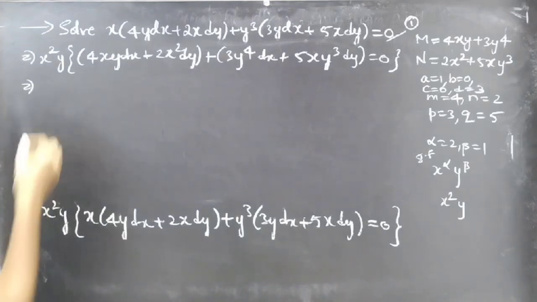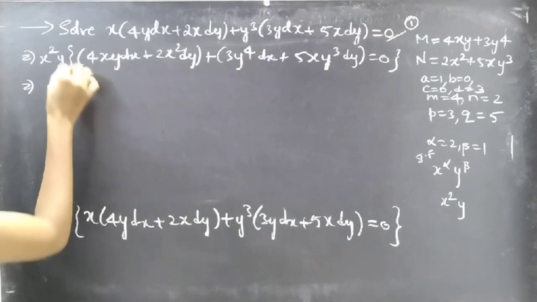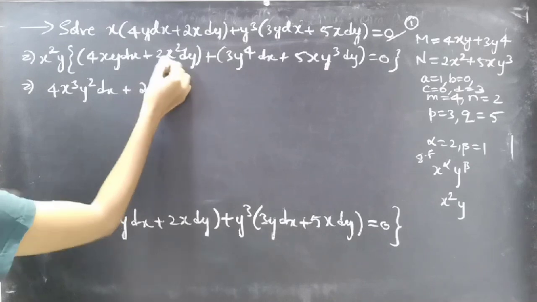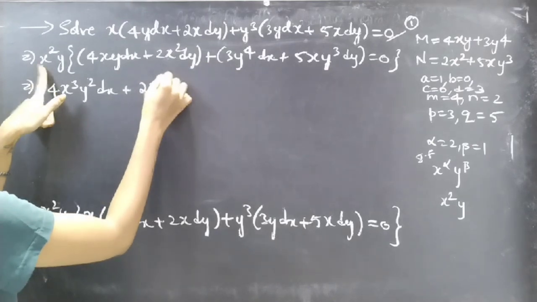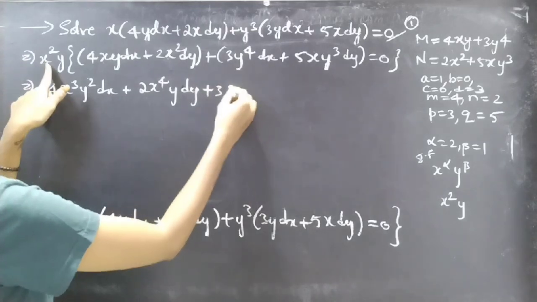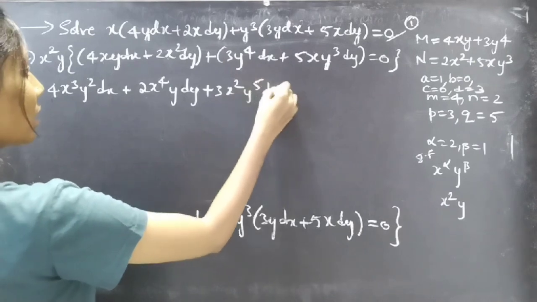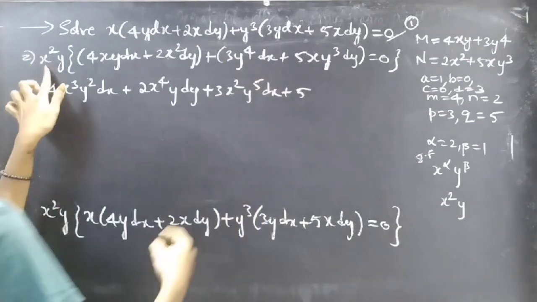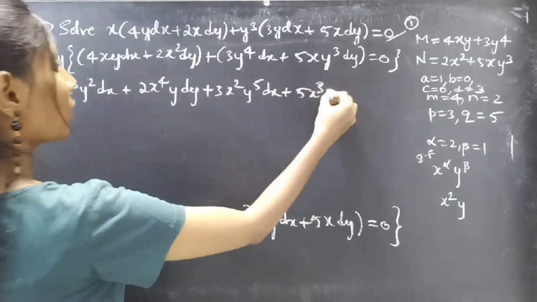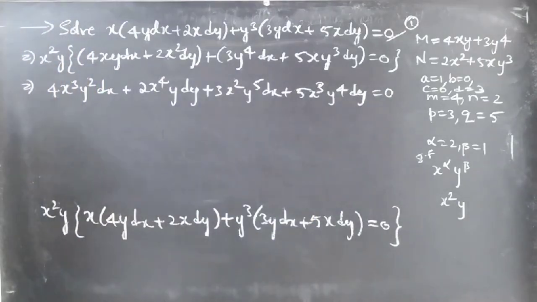Now multiply the integrating factor, you'll get 4. x square into x is x cube, y into y square dx, plus 2 x square into x square, x power 4 into y dy, plus 3 x square y power 4 into y is y power 5 dx, plus 5 x square into x is x cube, y into y cube is y power 4 into dy equal to 0, right?